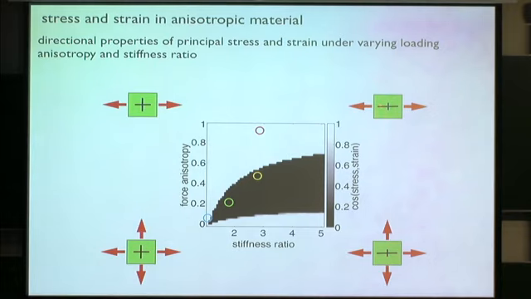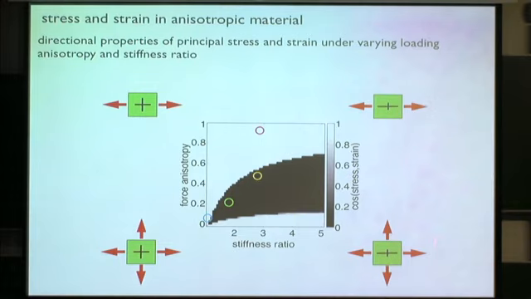And I have represented that with these lines. Here the material is isotropic and the force is also isotropic. Here the material is isotropic, whereas the force is uniaxial and perfectly anisotropic. Here, it's maximum anisotropy for both force and material, and here we have anisotropic material with isotropic force.